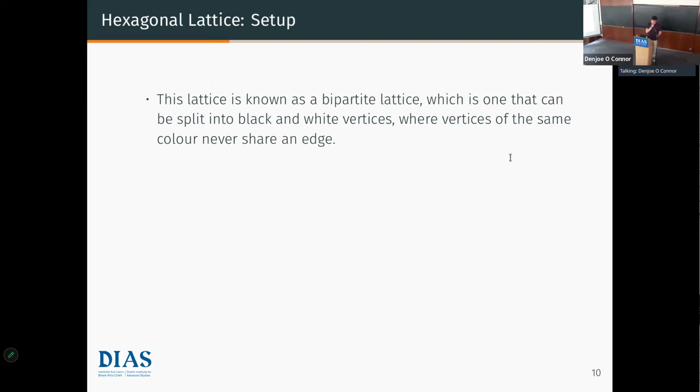So this lattice is what's known as bipartite, which means that you can divide the graph into black and white vertices, such that black vertices are only connected to white vertices and white vertices are only connected to black vertices. So again, you can think back to that chessboard type picture, where a white square is only surrounded by black squares and a black square is only surrounded by white squares.